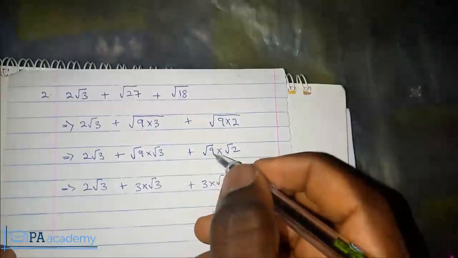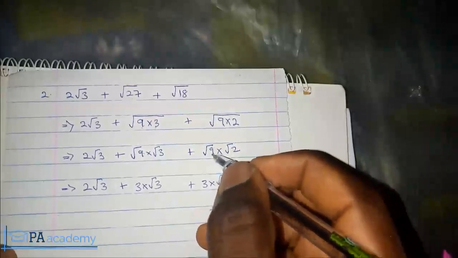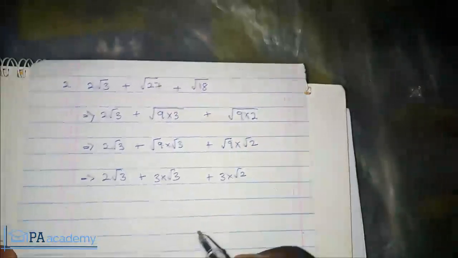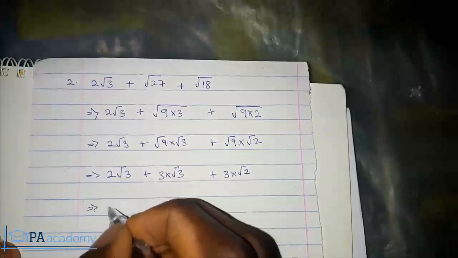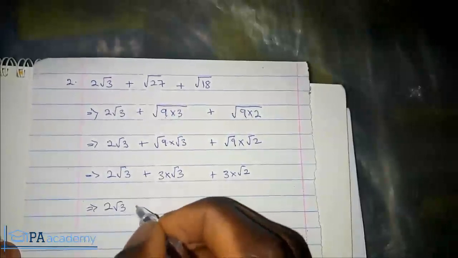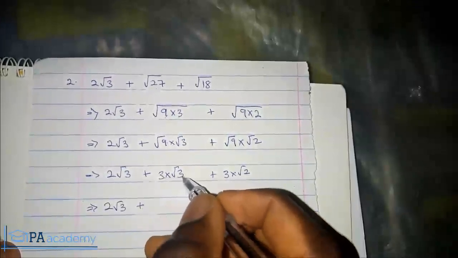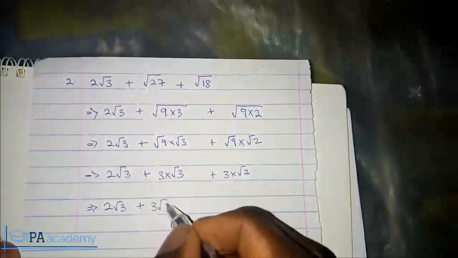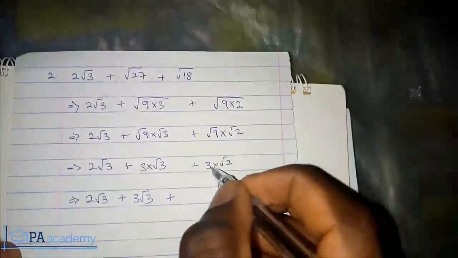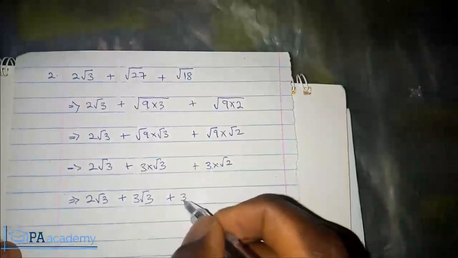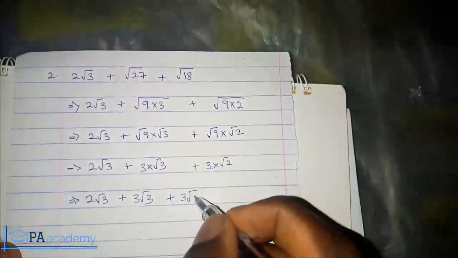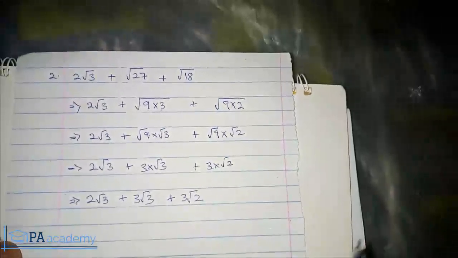But we can have a whole number for the square root of 9, so that's why we have it as 3 here. So let's rewrite this as 2 root 3 plus, so 3 times root 3 will give us 3 root 3, plus 3 times root 2 will give us 3 root 2.